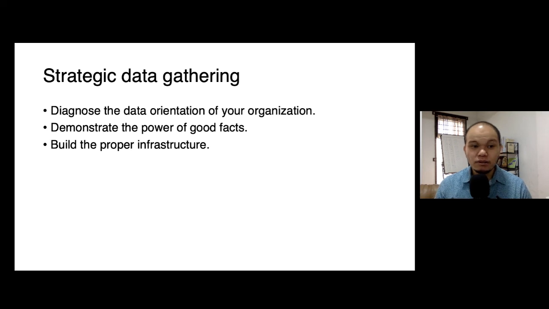So you take a look at the data orientation of the organization. And then you demonstrate the power of good facts. You show them that it's nice to be always fact driven, that you always base your decisions on facts. And lastly, is building the proper infrastructure, which would be helpful in the third part of this lecture concerning knowledge management.